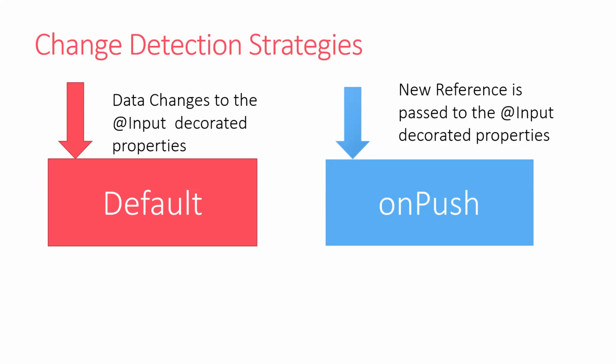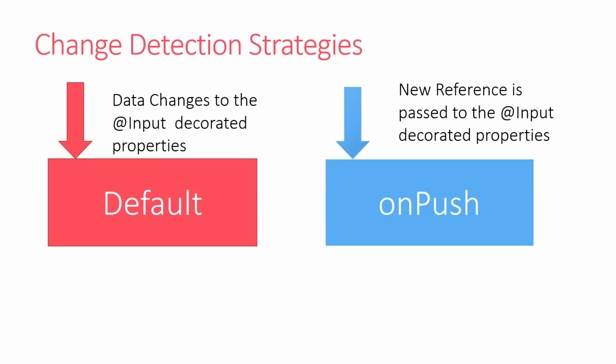So if you have a component with input decorated properties, and the change detection strategy is set to default, whenever any data changes in any input decorated property, the change detector will run. Now, if you have set the change detection strategy to OnPush, the change detector will only run when you pass a new object.